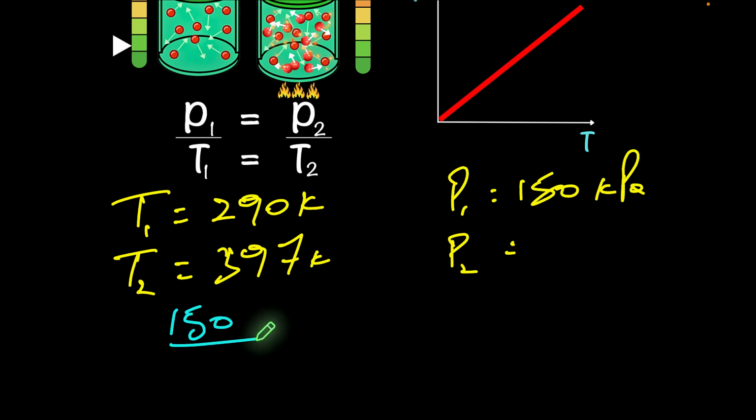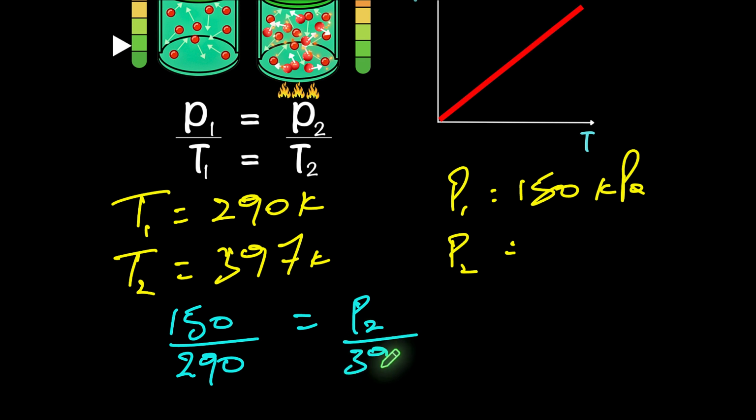And our T1 here, 290, will be equal to our unknown, which is P2, and we know what T2 is, that's 397. So therefore, if we want to find our P2, we can do it 2 ways.